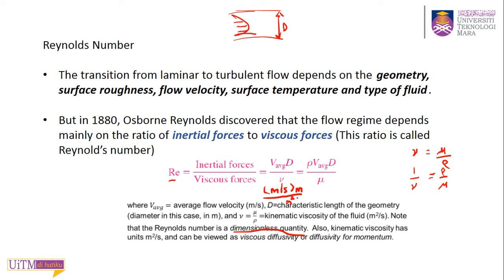If you divide these, you cancel out everything, seconds with seconds, meter squared with meter squared. So it is a dimensionless quantity. It's just a number that tells you whether the flow is laminar or turbulent.